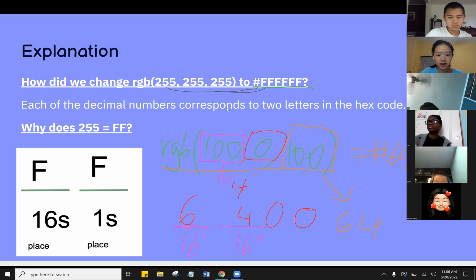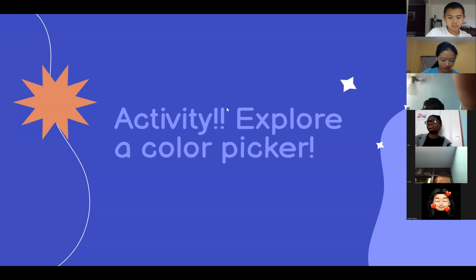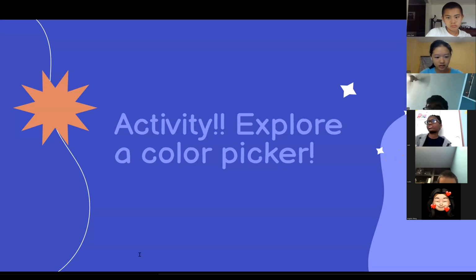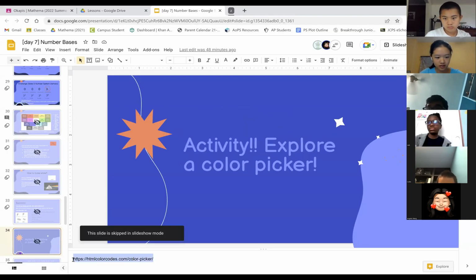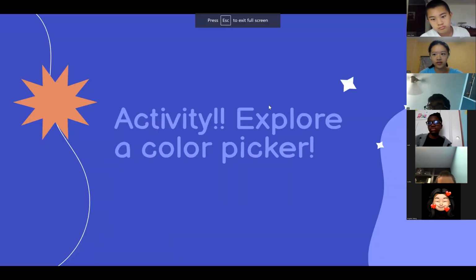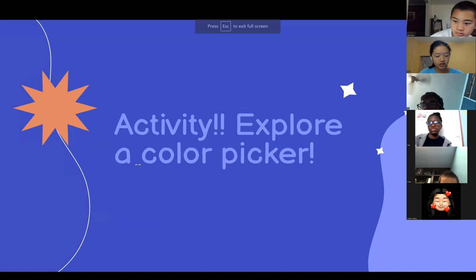I know it can sometimes be hard to visualize, so we have a little activity. This is a little color picker.